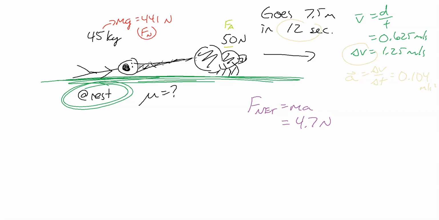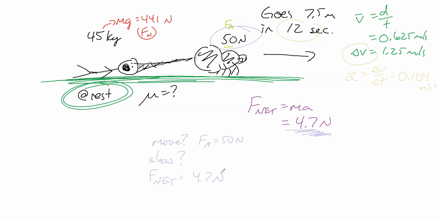This is going to go back to my basic questions: how much is trying to move it? Well, that's 50 newtons. That's my applied force. How much is trying to slow it down? I don't know my friction because I don't know my coefficient. But I do know my net force is 4.7 newtons.